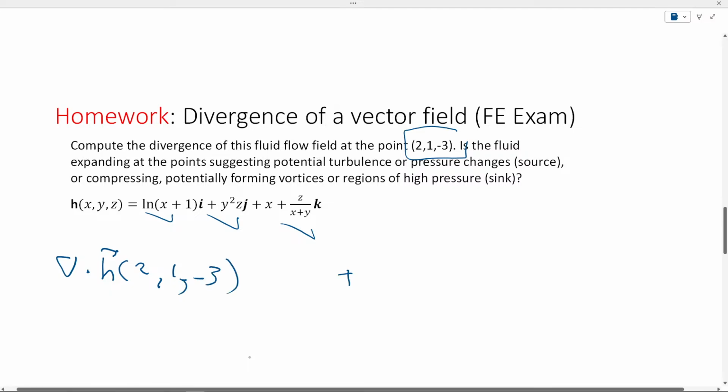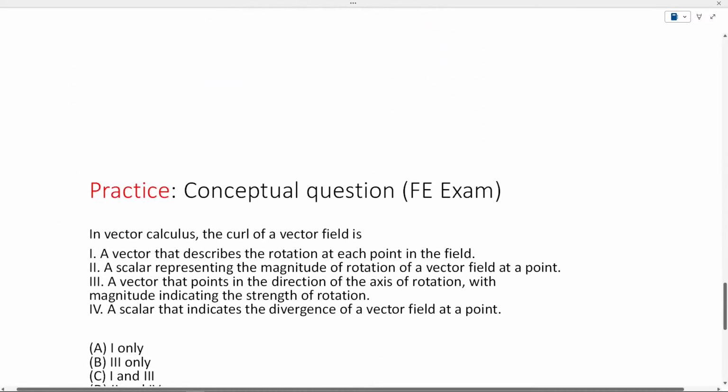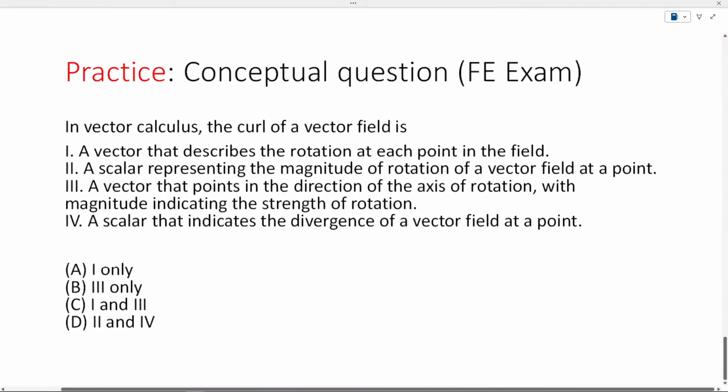If you got a positive number, that would be a source. If you got a negative number, that would be a sink. Okay, so let's go to this conceptual question here.